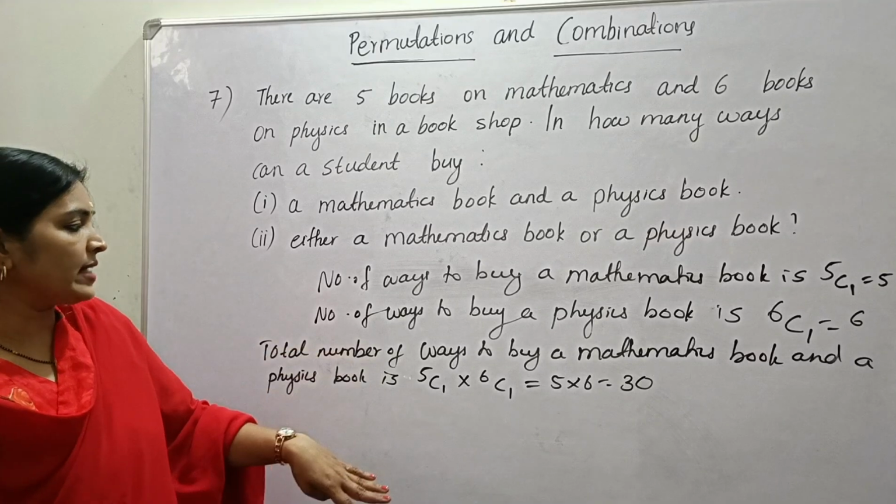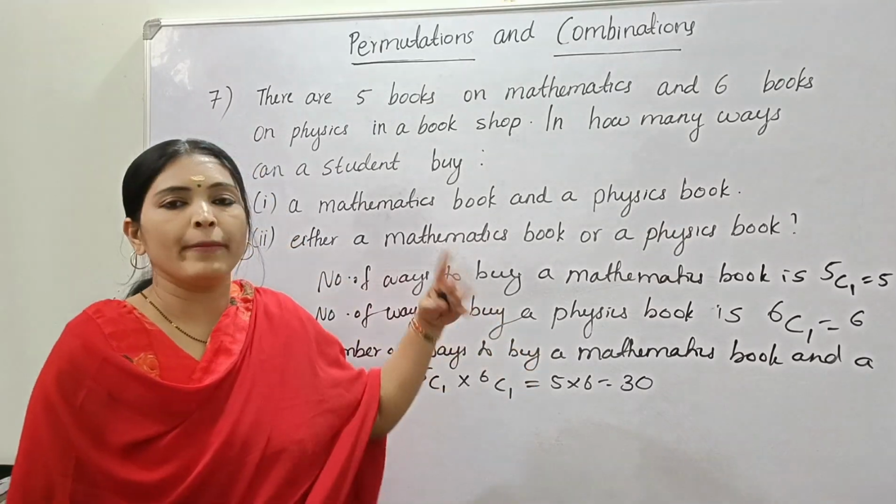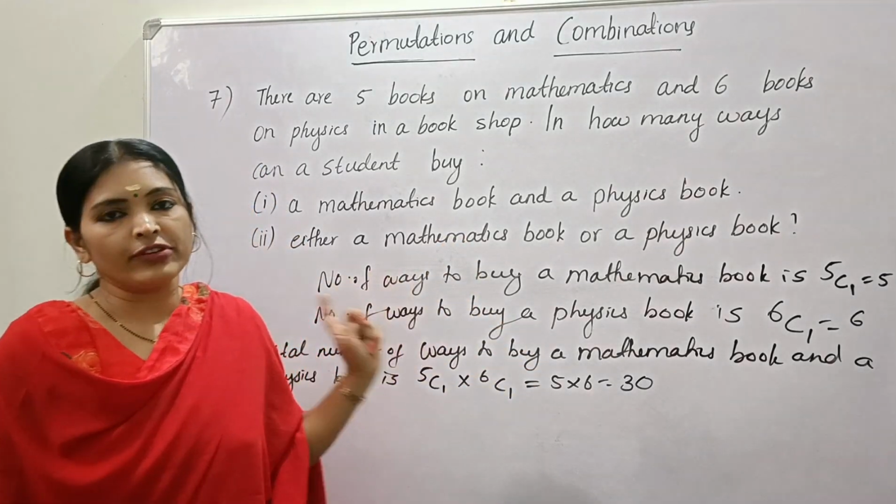So in 30 ways a student can buy a mathematics book and a physics book.